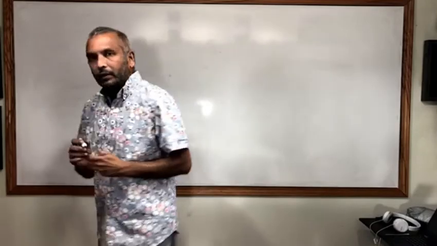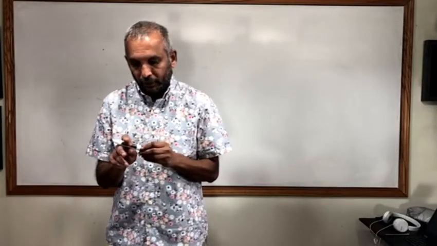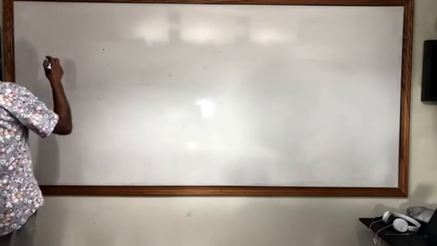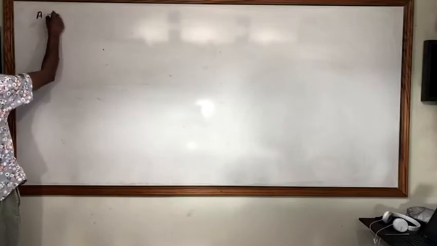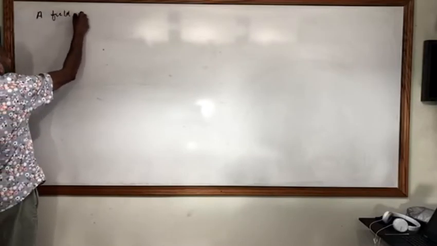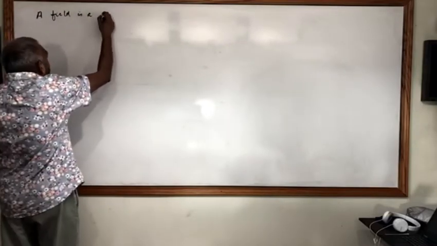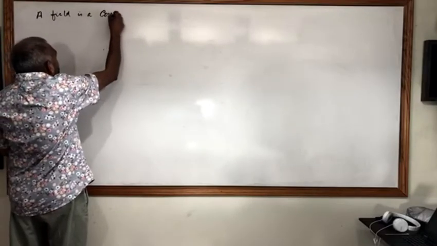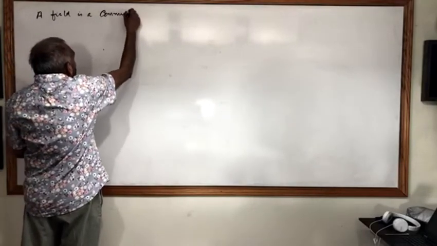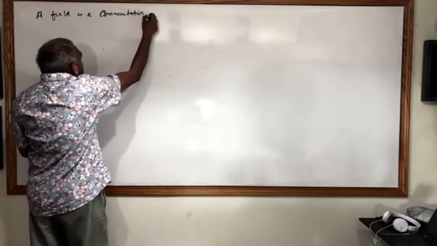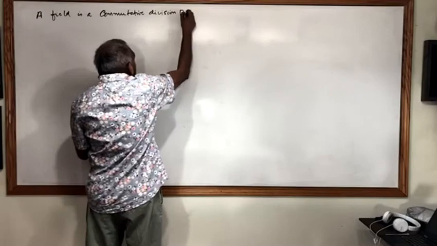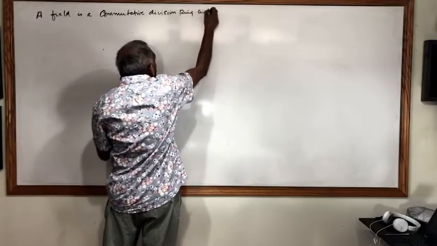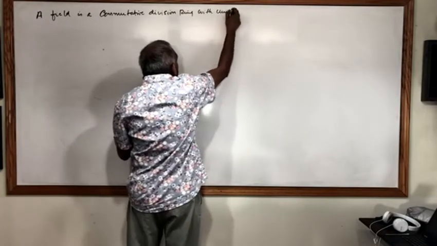So let us start with the definition of the field, then we will build a field that is not commutative. A field is a commutative division ring with unity.